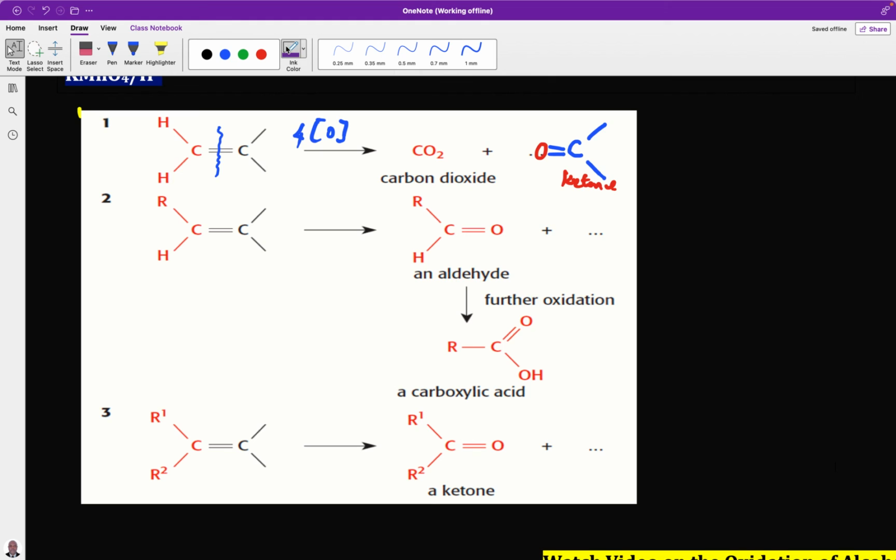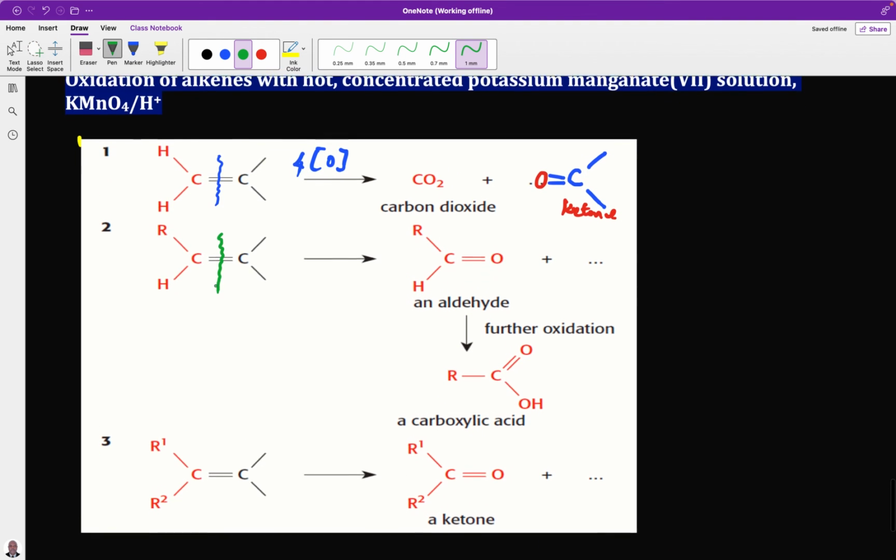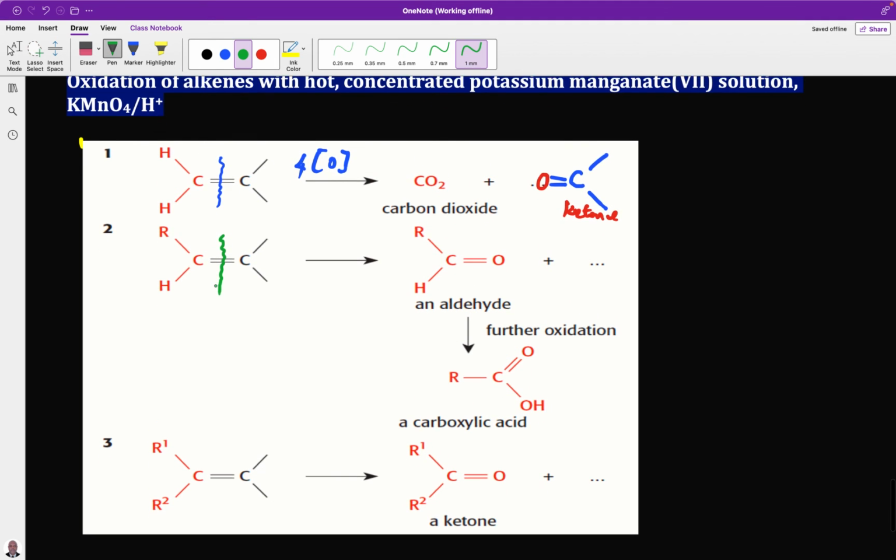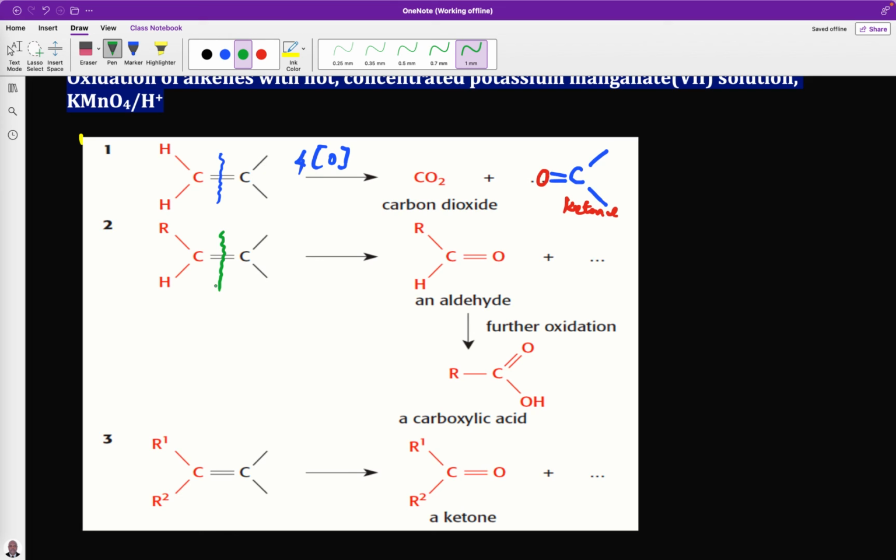See what happened, my dear learners. Here, under this harsh condition, under the hot concentrated condition of acidified potassium manganate, the bond will split.